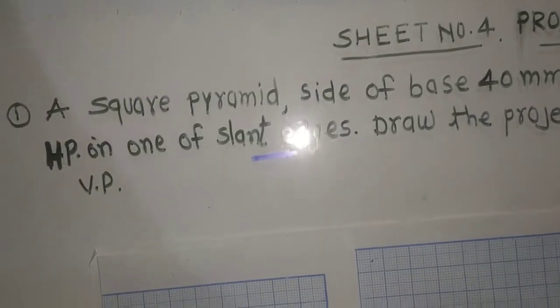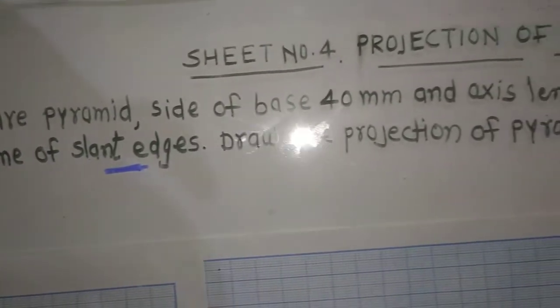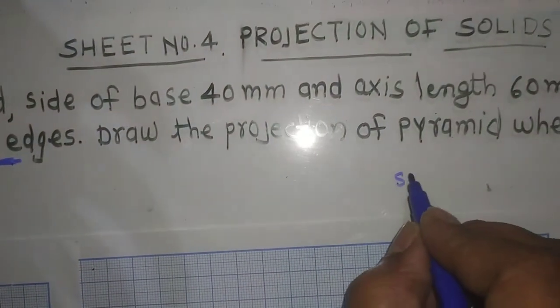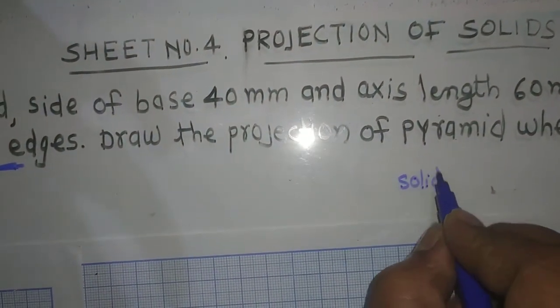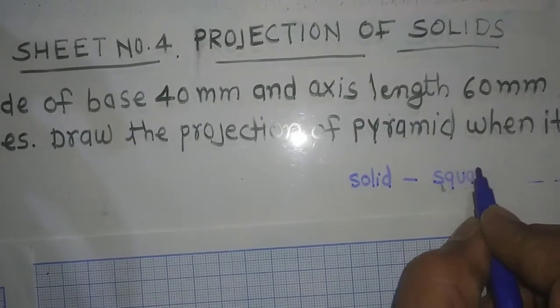Okay, now which is the solid here? Solid is square pyramid.